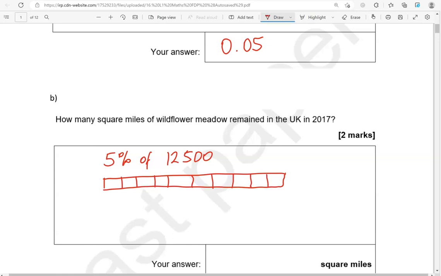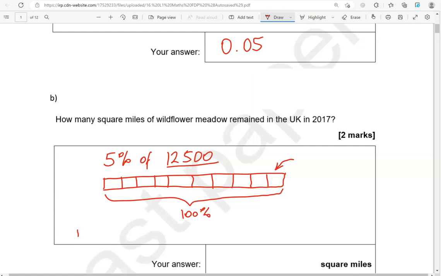So we have 10 divisions. That will be 10% each. The whole thing is 100%, and that is equal to 12,500 wildflower meadows. So to work out 10%, all we need to do is to split the whole thing into 10 equal parts. In other words, divide it by 10.